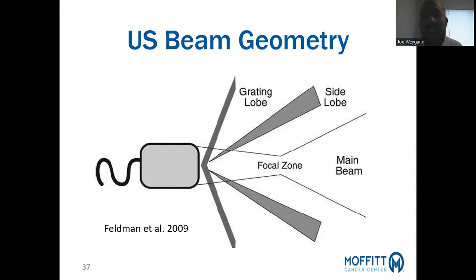Additionally, you have these extra ultrasound lobes, side lobes, which we'll discuss on a later slide, and grating lobes, which come about due to the discrete sampling nature of ultrasound. But these additional lobes are not being modeled when you produce the image. So whenever these additional lobes interact with structure, it might misrepresent the anatomy.